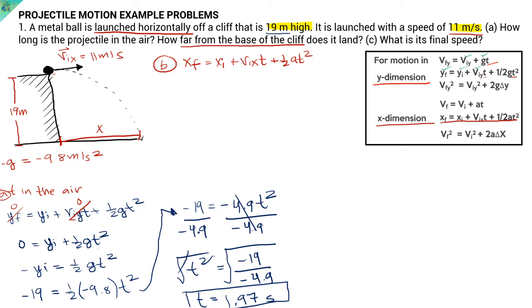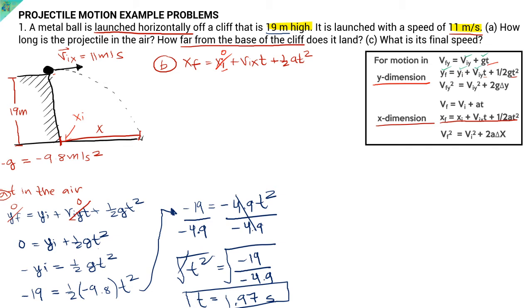Next is to find out if there are parts of the formula there that we can equate to 0. Final position obviously won't be 0. Initial position, that's xi, should be 0, because if you convert this into a coordinate system, that would be 0. Vix is the initial velocity on the x-axis, and that won't be 0.